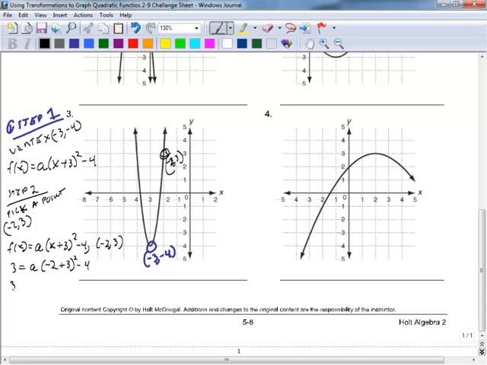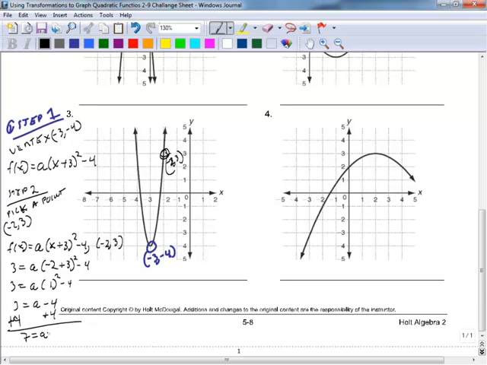Let's do what's inside the parentheses first, and I get A times 1 squared minus 4. 1 squared is 1, so now I've got 3 is equal to A minus 4. I add 4 to both sides, and I get 7 is equal to A.